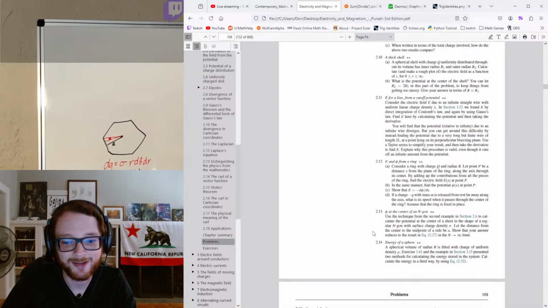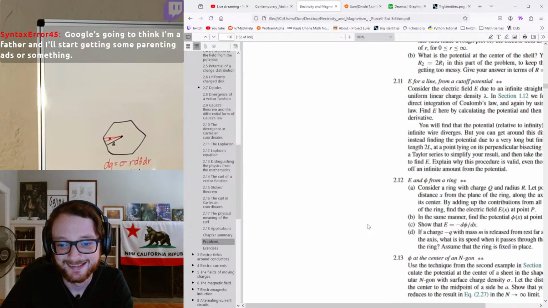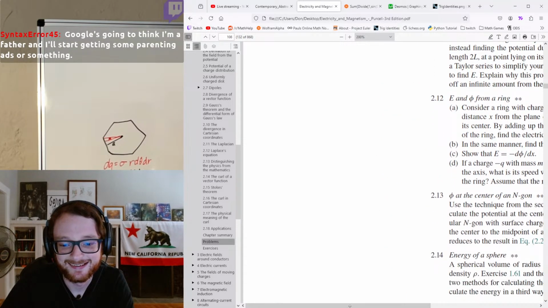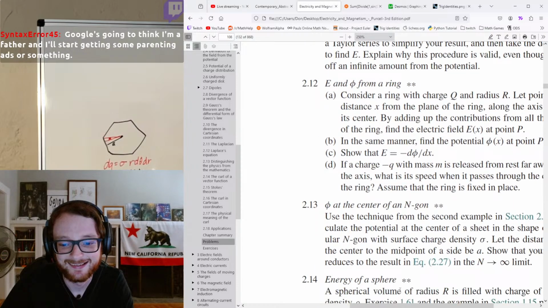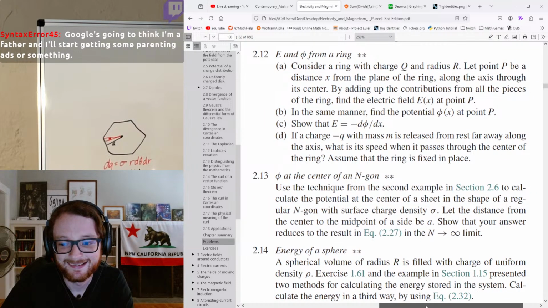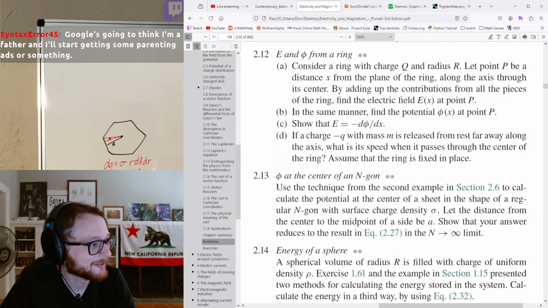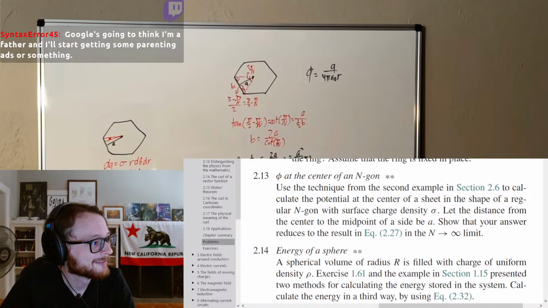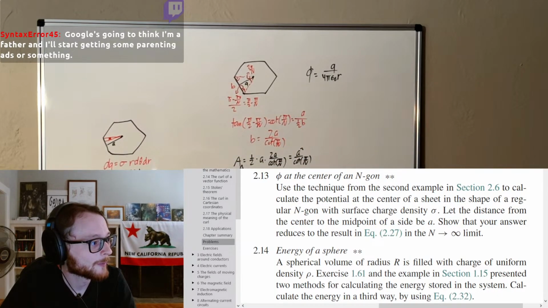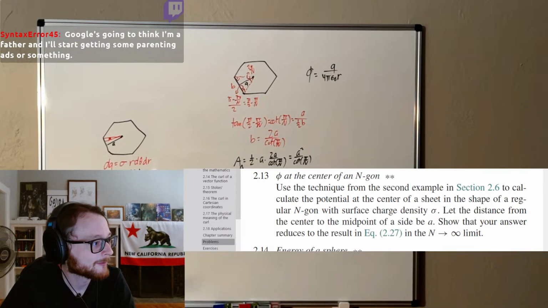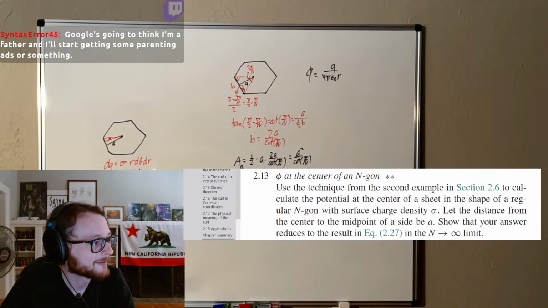Start getting some parenting ads or something. Sometimes those ads are weirdly accurate. Like I look at something on one website, then on an entirely different website, I get an ad for that thing.